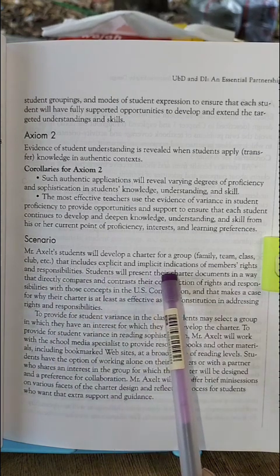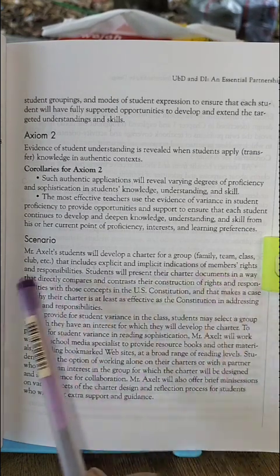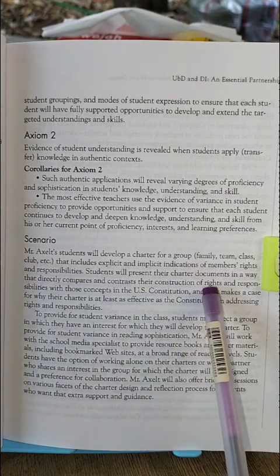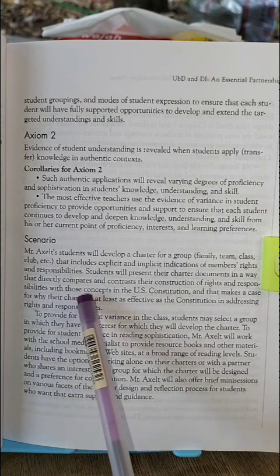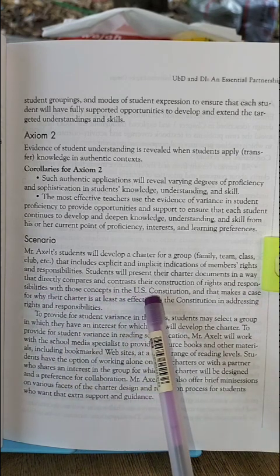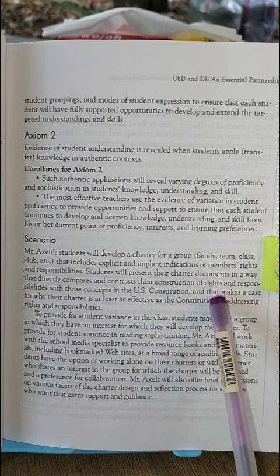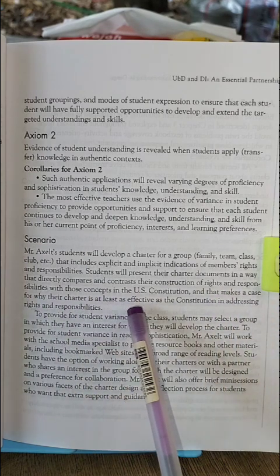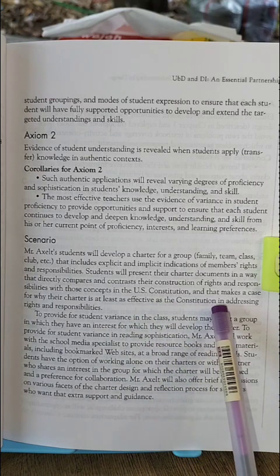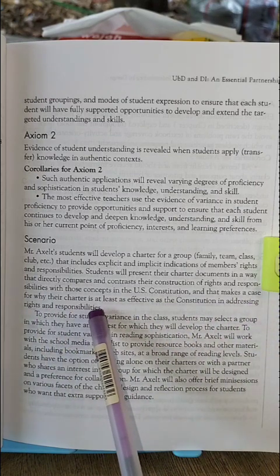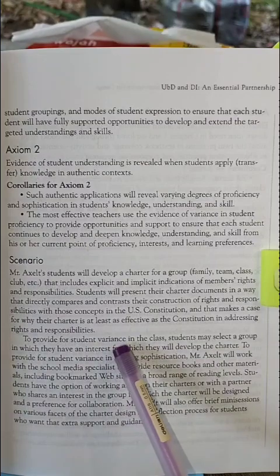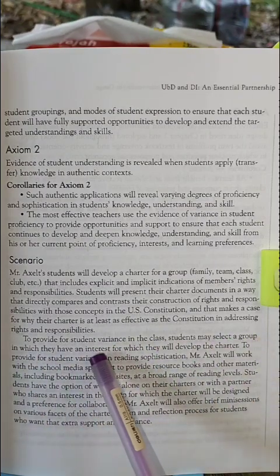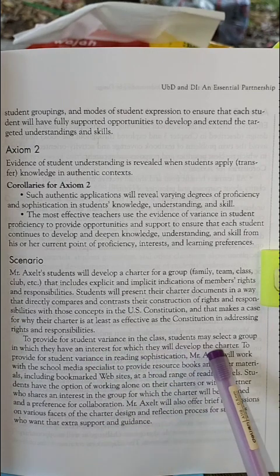Students will present their charter documents in a way that directly compares and contrasts their construction of rights and responsibilities with those concepts in the United States Constitution, and that makes a case for why their charter is at least as effective as the Constitution's in addressing rights and responsibilities. To provide for student variance in the class, students may select a group in which they have an interest, for which they will develop the charter.